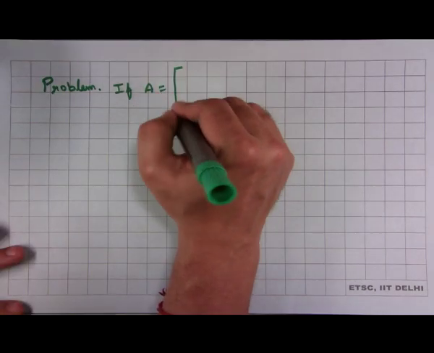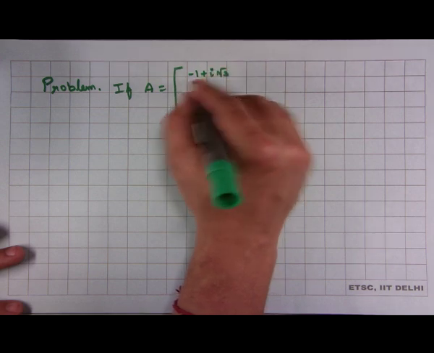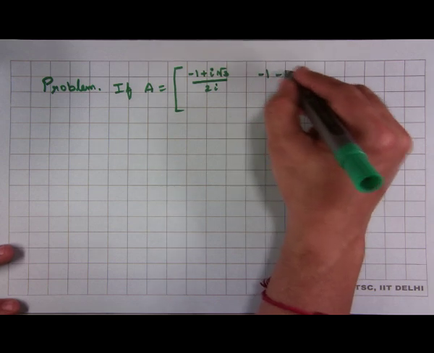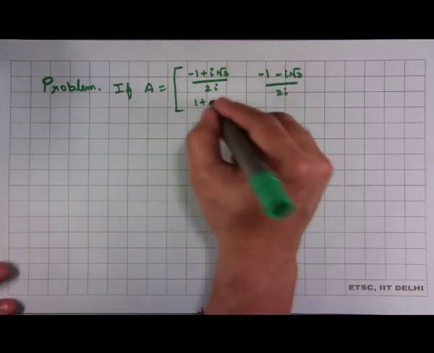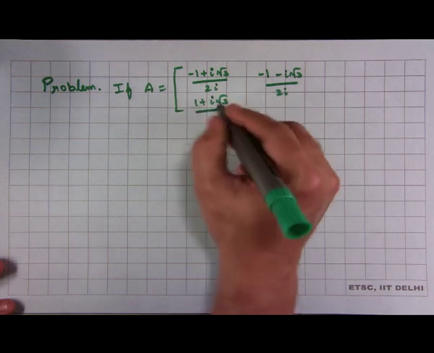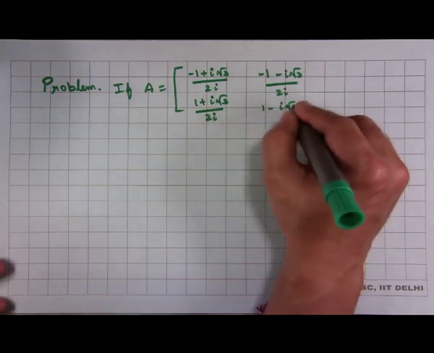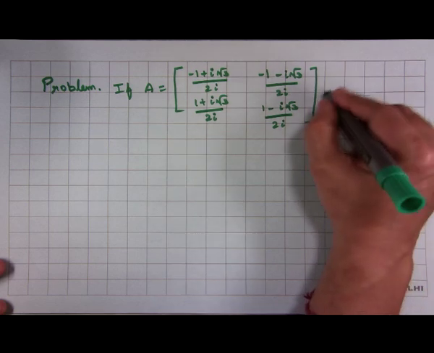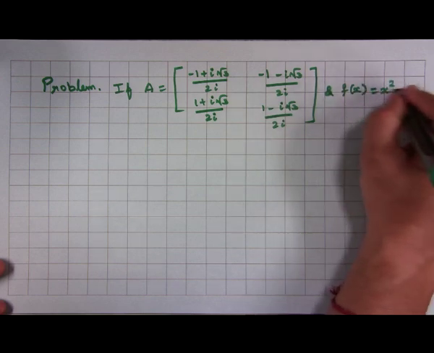Next problem, if A equal to the matrix with entries minus 1 plus i root 3 upon 2i, minus 1 minus i root 3 upon 2i, 1 plus i root 3 upon 2i, and 1 minus i root 3 upon 2i, and f(x) equal to x square plus 1.